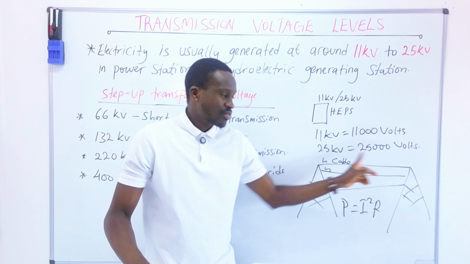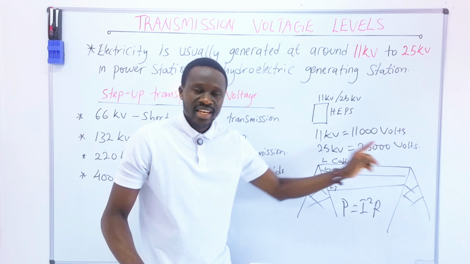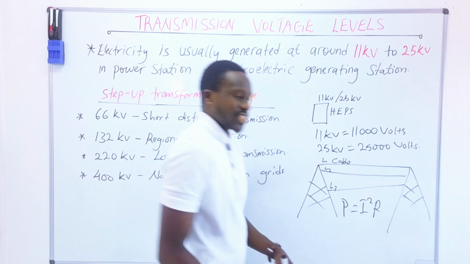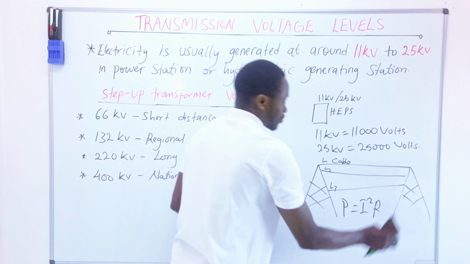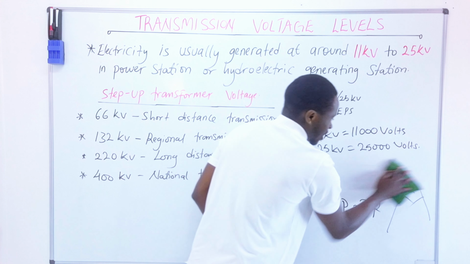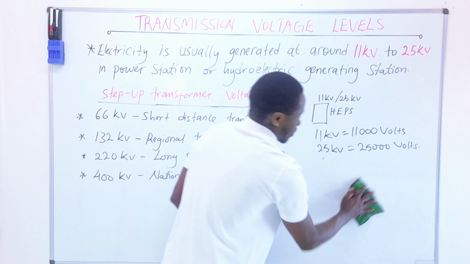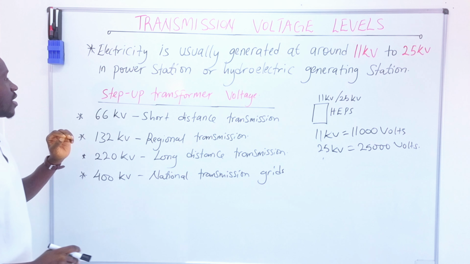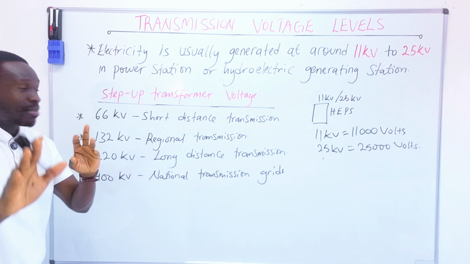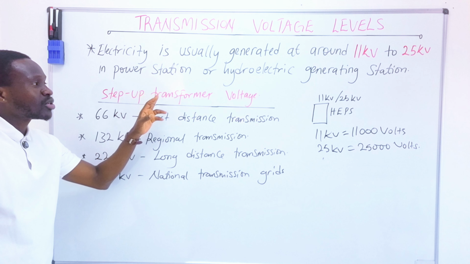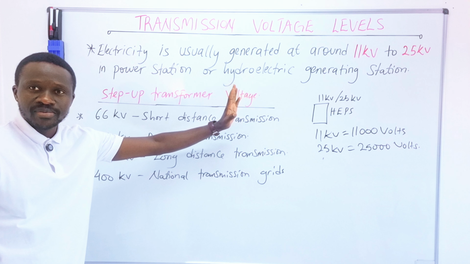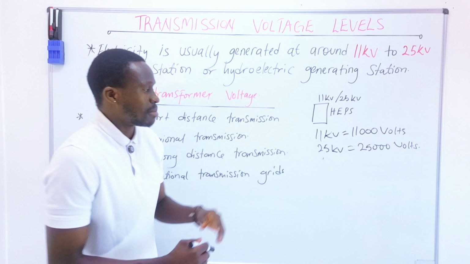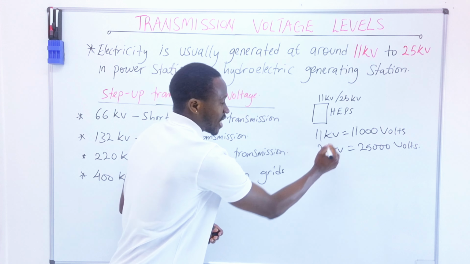Now, we need to step up this voltage by using a step-up transformer. How? Let us step the voltages up. Now these are the figures. This transformer is going to step up this voltage.